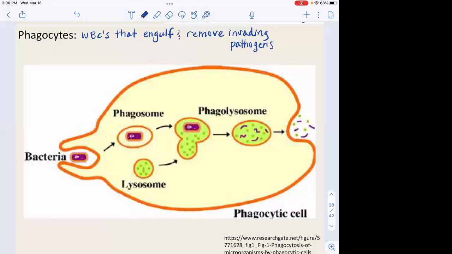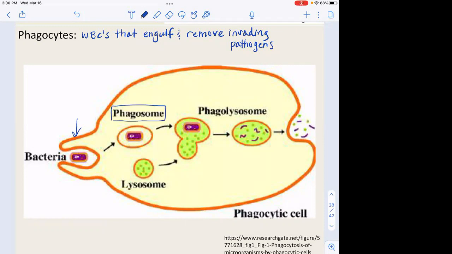Okay, so for example, here we've got some white blood cell, say it's a macrophage, for instance, that's extending its pseudopods and engulfing some bacteria into a membrane-bound vesicle, which we refer to as a phagosome.